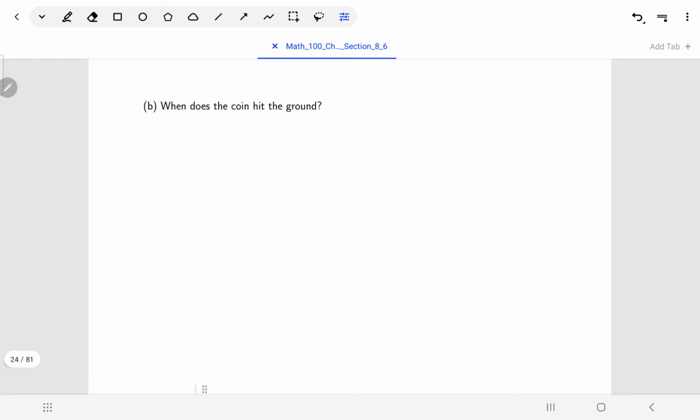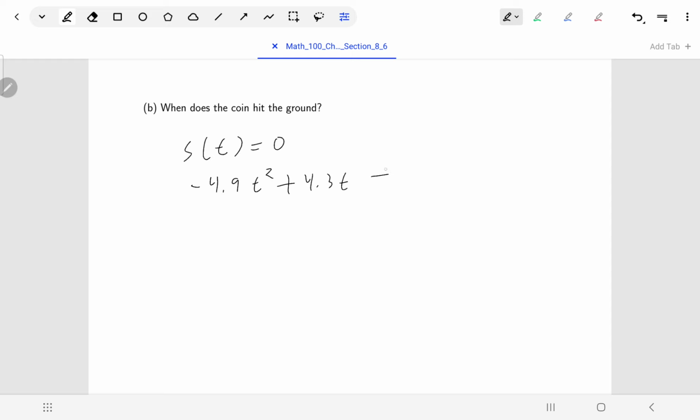Okay, so now we want to ask questions about things like what happens to this coin, when does it hit the ground? So we want to know when it hits the ground, when is the position 0? And so now I just have to solve a little quadratic. Negative 4.9t squared plus 4.3t plus 1.2 equal to 0.